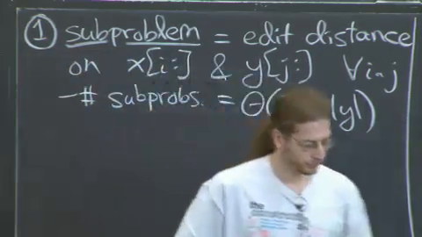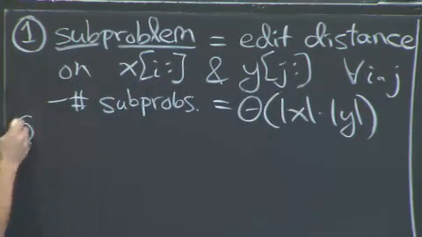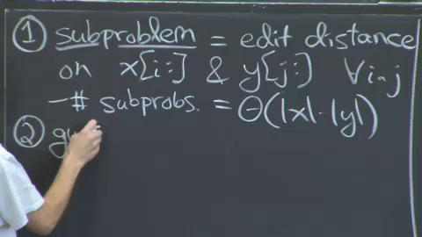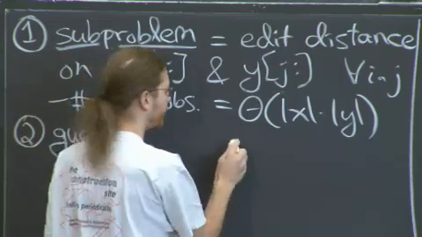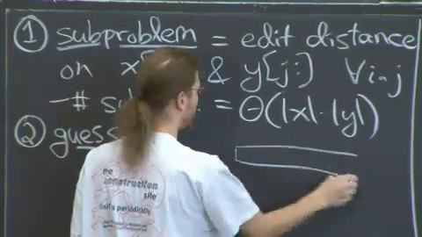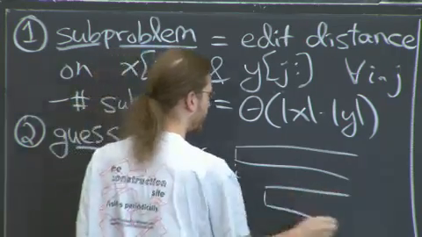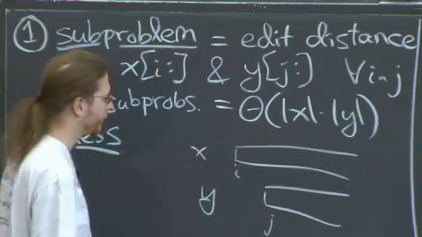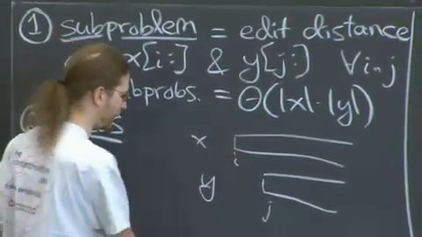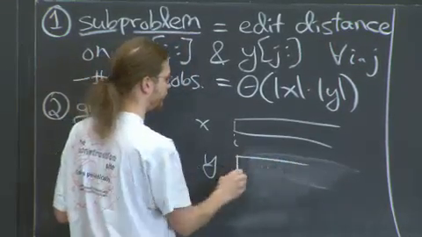Good. So next we need to guess something. Step 2. This is maybe not so obvious. Let's see. Here's x starting at position i. You have y starting at position j. Somehow I need to convert x into y. I think it's probably better if I line these up, even though in some sense they're not lined up.